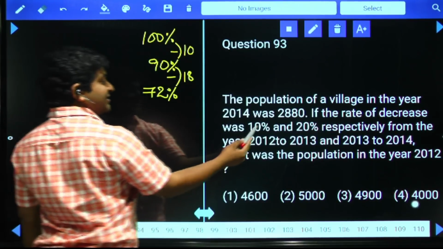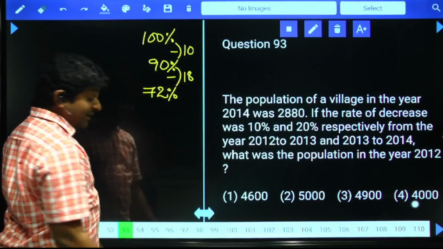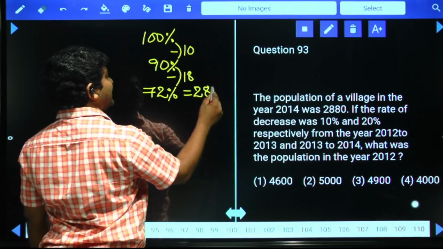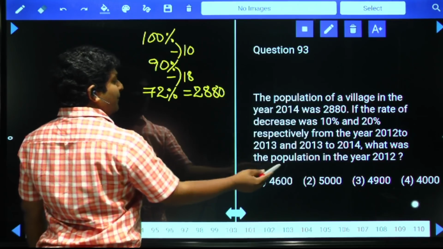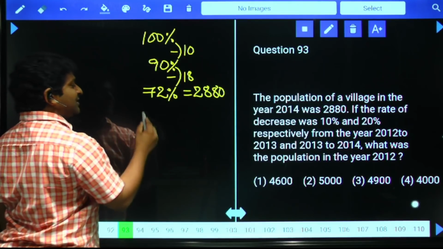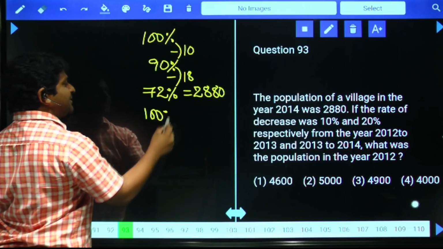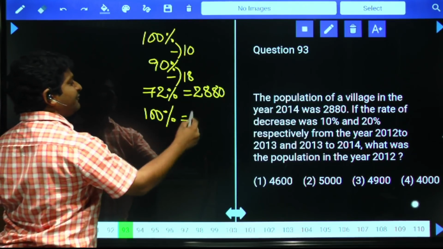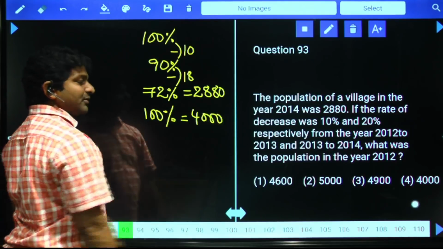72%, and which is equal to 2,880. If 72% is 2,880, then the population in the year 2012 was 100%. 100% is equal to how much? 72 times 40 gives 2,880, so 100 times 40, that is equal to 4,000.